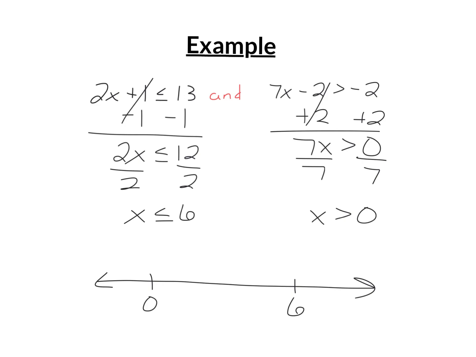Let's graph 6 first. Before graphing, what should our graph look like? They should connect, okay? So 6, open or closed? 6 is closed. In which way is our arrow going? Left. What's 0? Open or closed? Open, and it's going right. Is that correct?